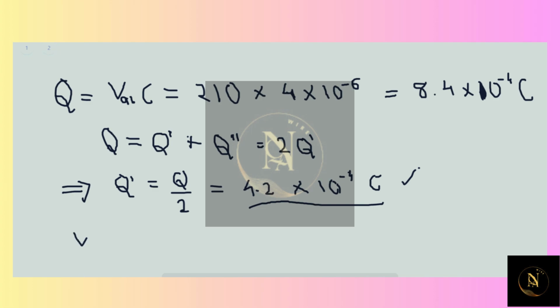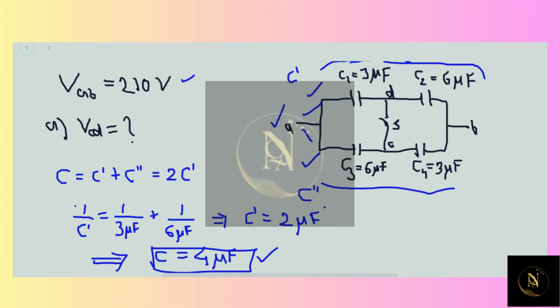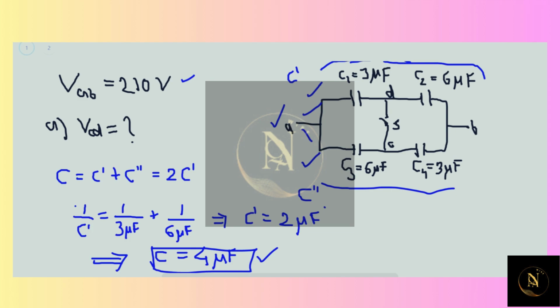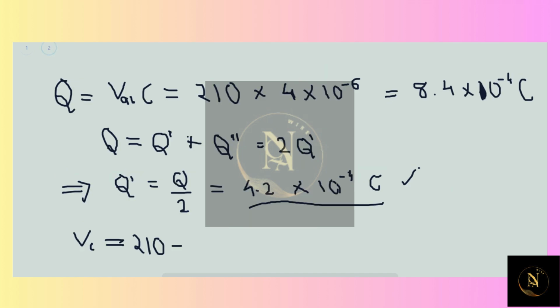The voltage at point C is going to be the voltage between A and B, VAB, minus the voltage across the 6 microfarad capacitor. So this is equal to 210 volts minus the voltage across this 6 microfarad capacitor. The voltage across it is V equals Q/C.